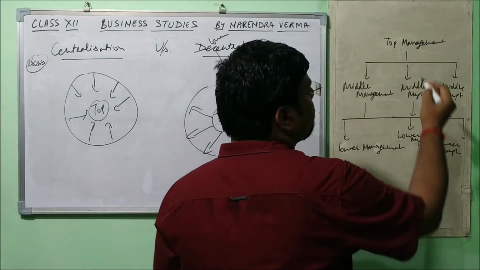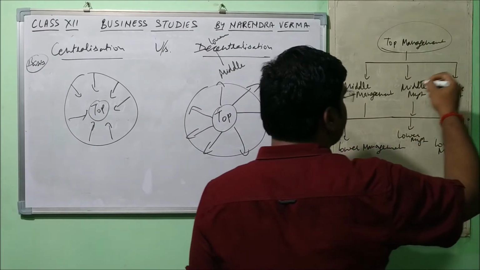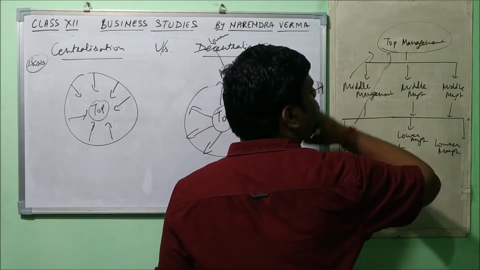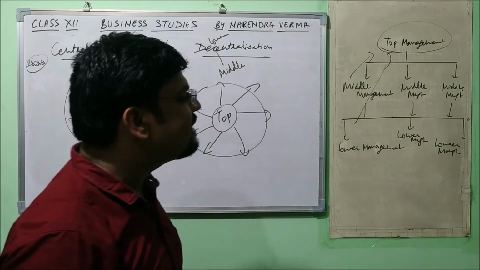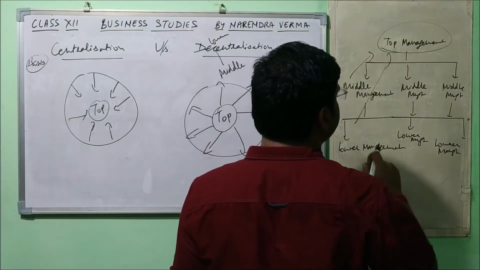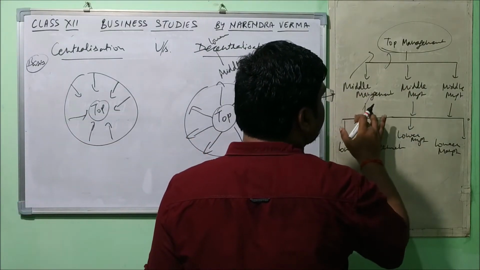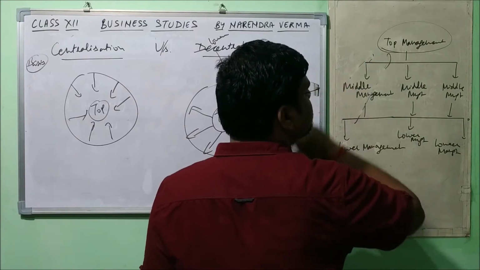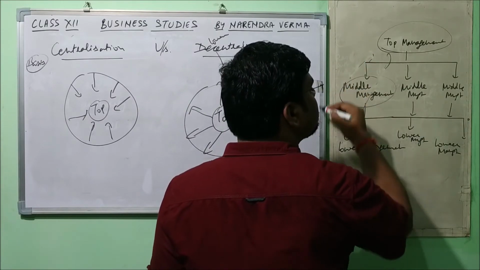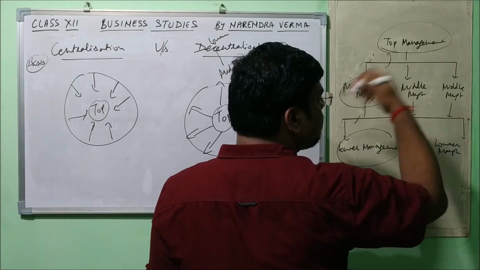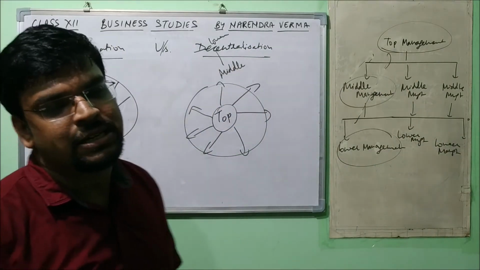When all the powers are taken by the top level management, they'll have to go again to him for everything. That is centralization. And the opposite is that they need not go to him all the time, except for the crucial decisions. They themselves take the decision. That is known as decentralization.